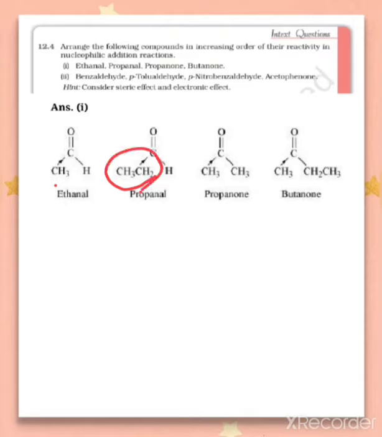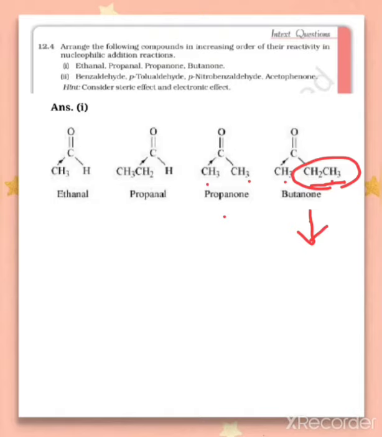So when you compare the reactivity of these two, we can say that ethanal is more reactive than the propanal, because there is only one alkyl group and that is a smaller alkyl group, but here there is a bigger alkyl size group. But when you compare the reactivity of propanone and butanone, here both have the two alkyl groups, but here is the bulkier size group. So when the bulkier size group is there, the reactivity decreases.